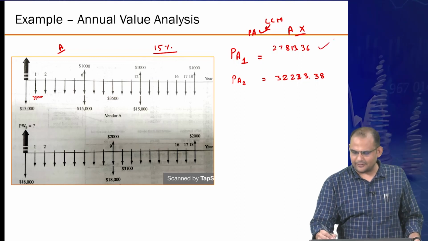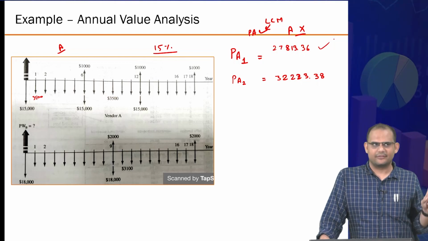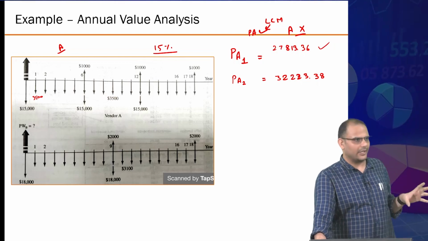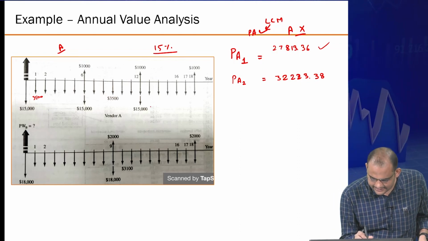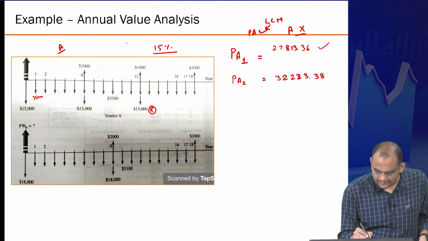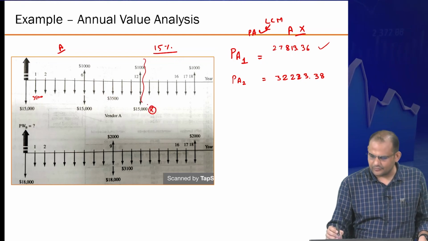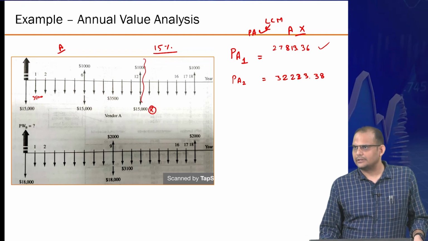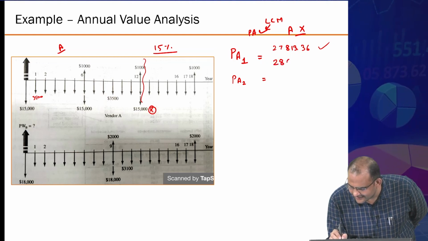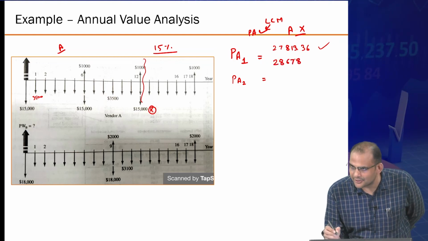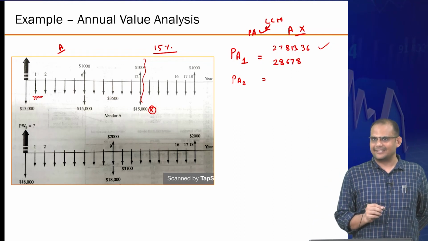So 27,813 is the first cycle present worth, right? If you consider two cycles, in that case, this 15,000 will be gone. Rest everything remains same. What is the answer? Can you speak loudly? 27,678 is your answer for just one cycle.